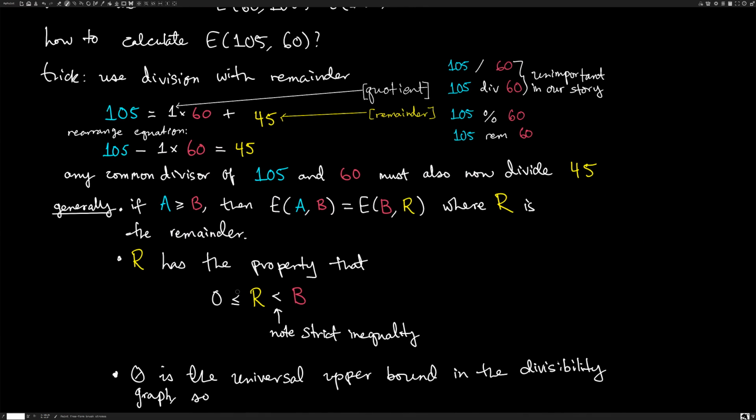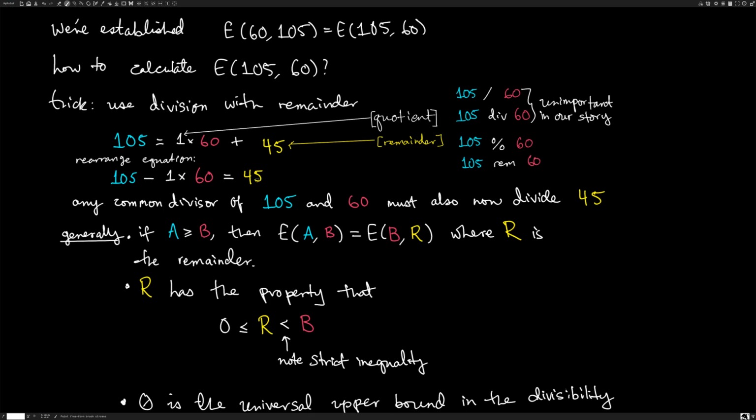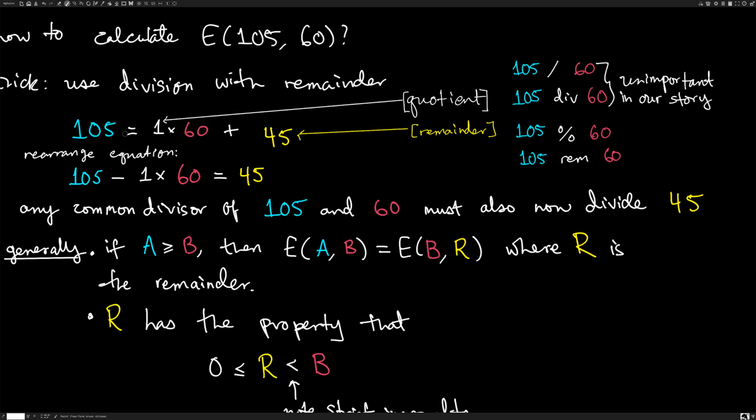And R, because we've fixed that sign nonsense and fixed the ordering, that's why this is important, has the property that 0 is less than or equal to R, and R is strictly less than B. Note the strict inequality. So if instead we had 121 here, we would have 121 equals 1 times 60 plus 61.